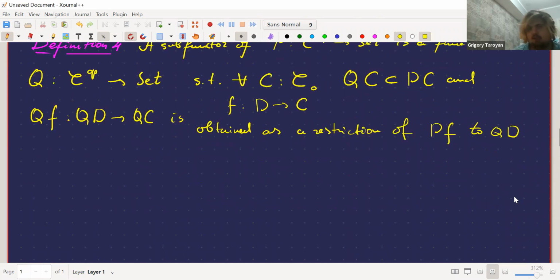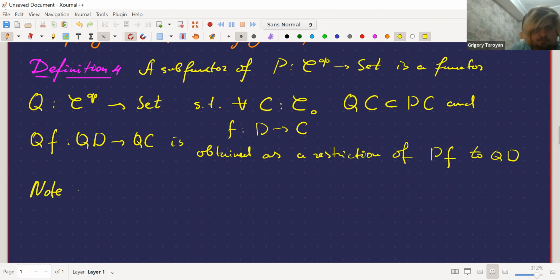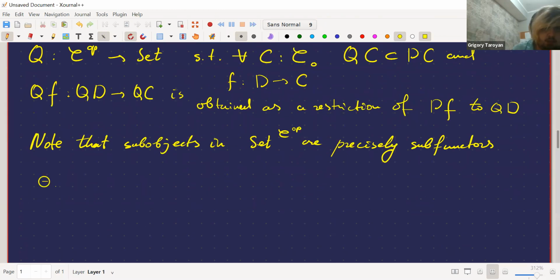Now we want to investigate subobjects inside of an arbitrary functor from C op to Set. So first of all, we note that subobjects in this category are precisely subfunctors. To note this, we just have to consider a natural transformation theta, which is a monomorphism from R to P. Since monomorphisms are computed object-wise, we have that theta C is an inclusion for each object.